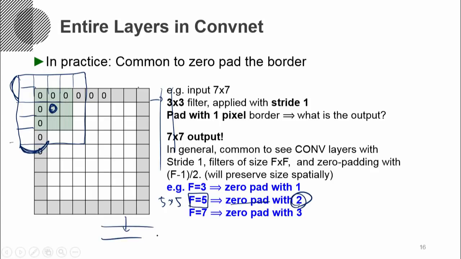And then in the case of a filter size of 7 by 7, we put the center pixel here, and then we have 3 more pixels to the left and to the upper part, and thus we will have a zero padding with the size of 3.